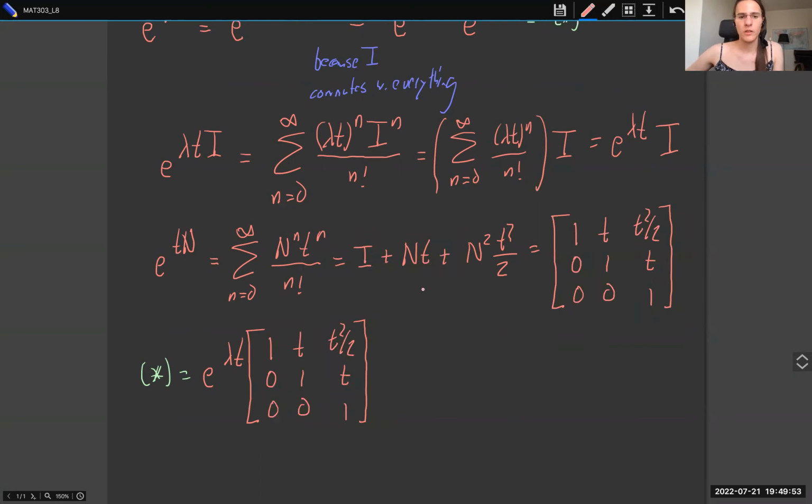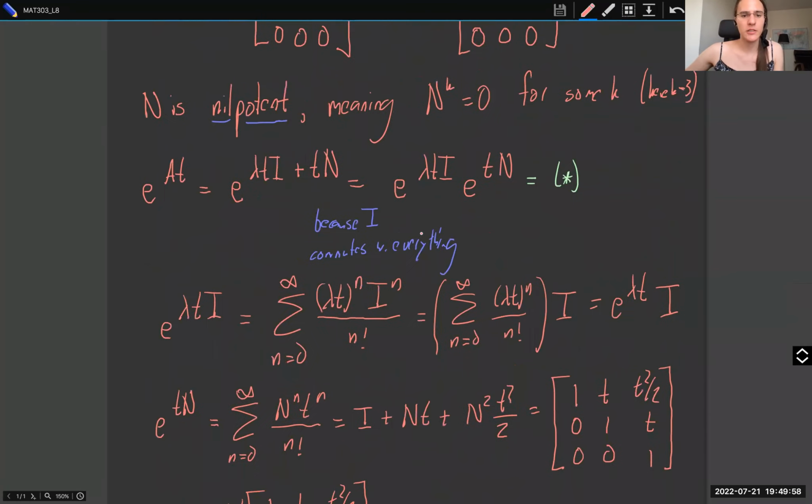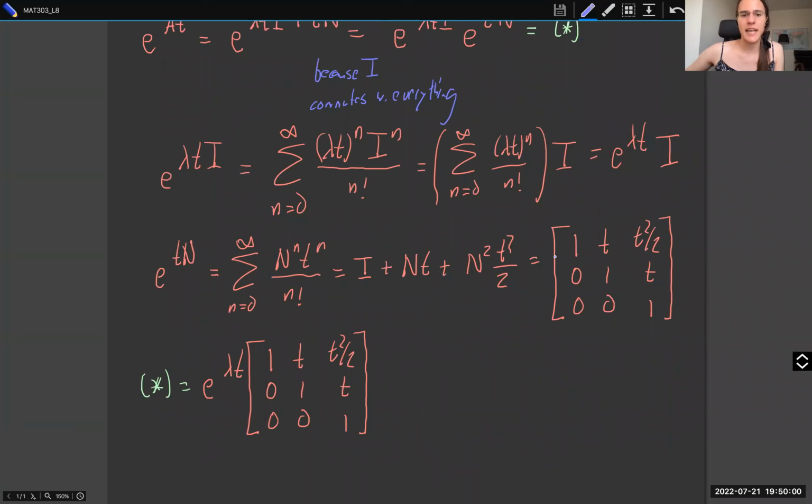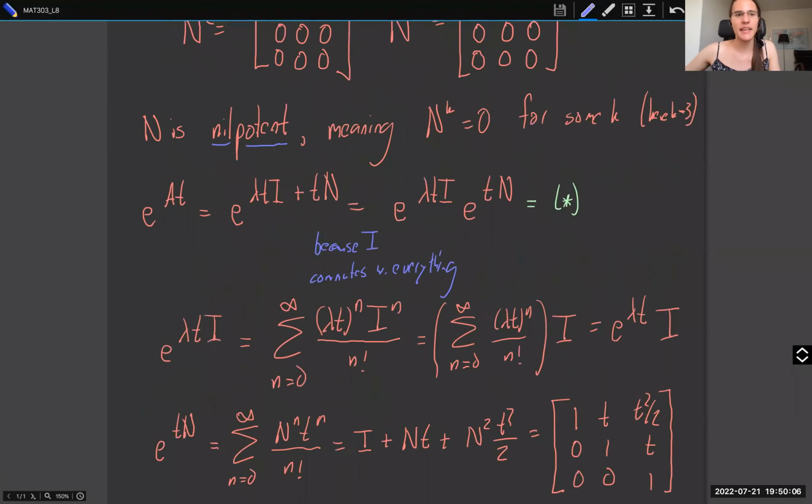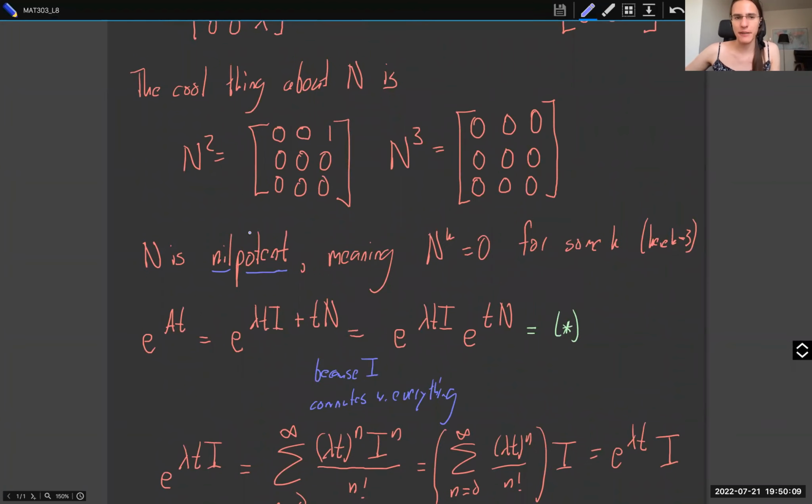Cool. So we've solved that example. In this case, we were able to calculate the matrix exponential because we had a nilpotent matrix, which made things easy.